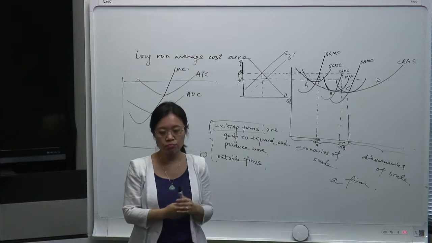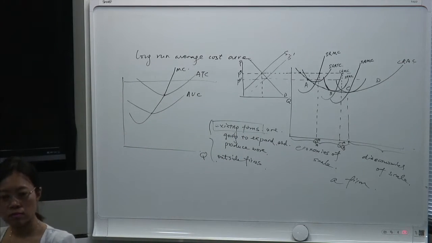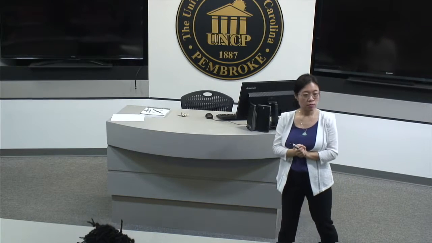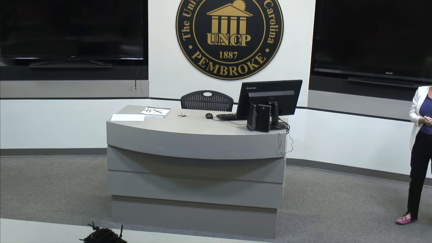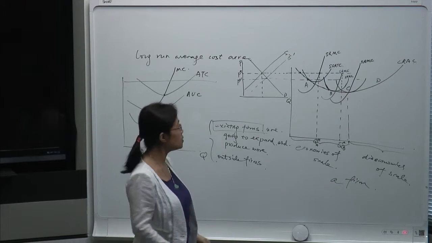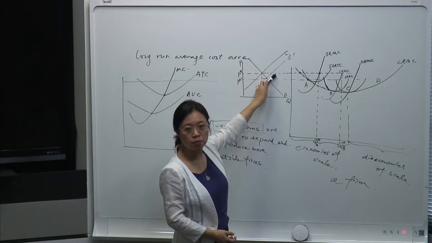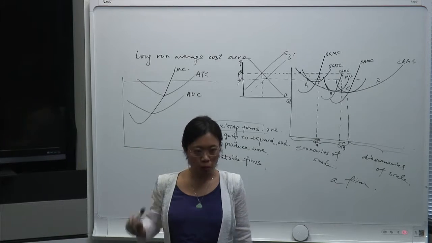When outside firms start coming in, they're going to do a similar product, probably at a lower price, a kind of substitute, right? So the supply is going to be even bigger. Supply is going to increase even more.